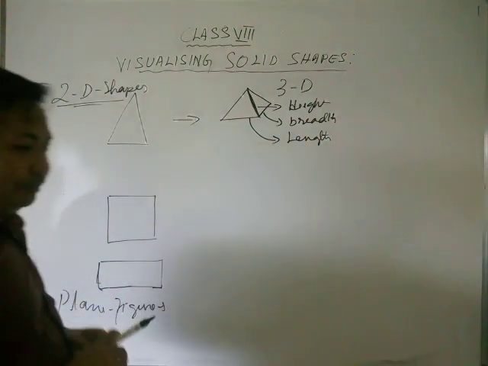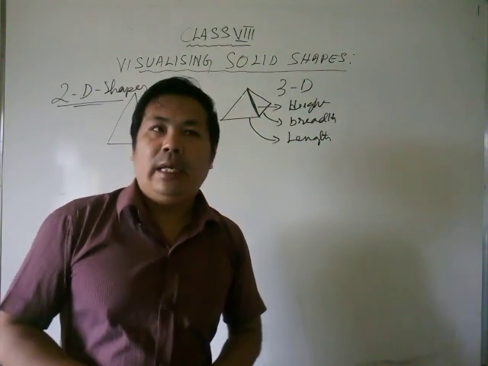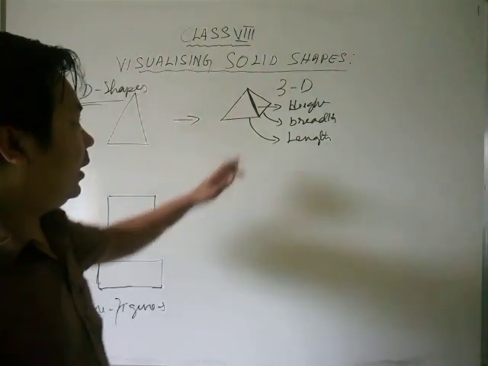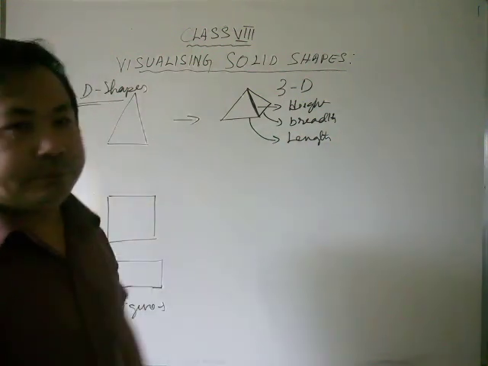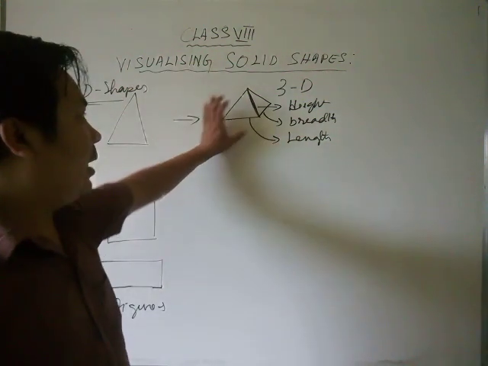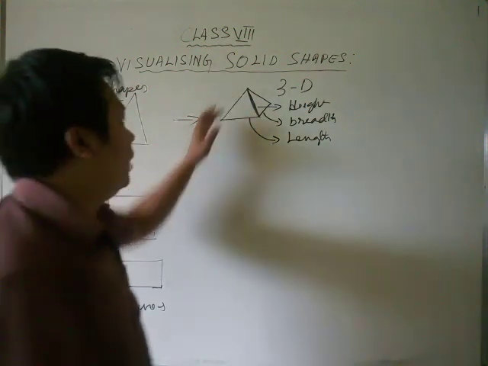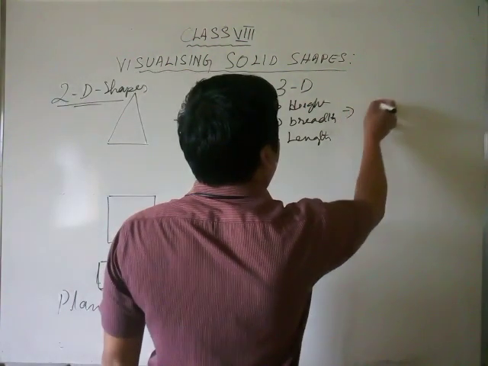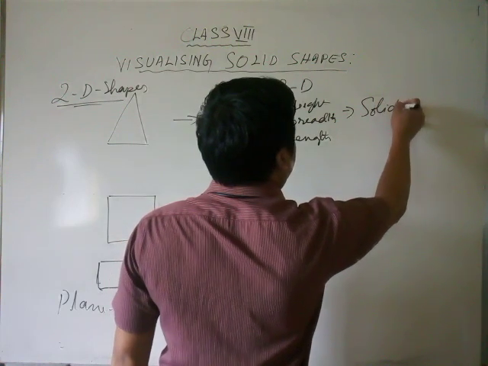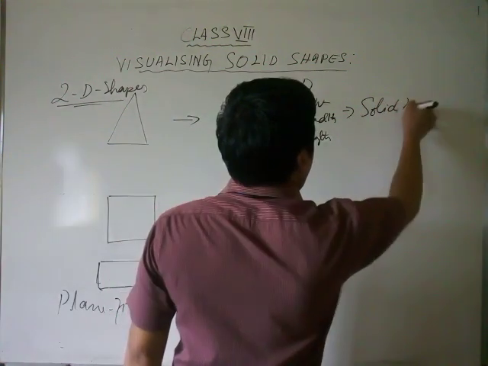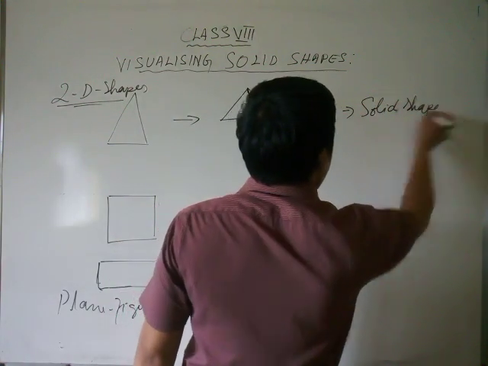In 2D, the shapes will have only length and breadth, but in 3D you can have length, breadth, and height. So if this triangle is 3D, meaning three dimensions, then it is called a solid shape.